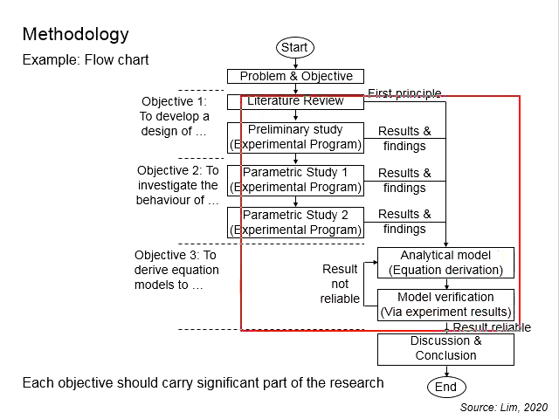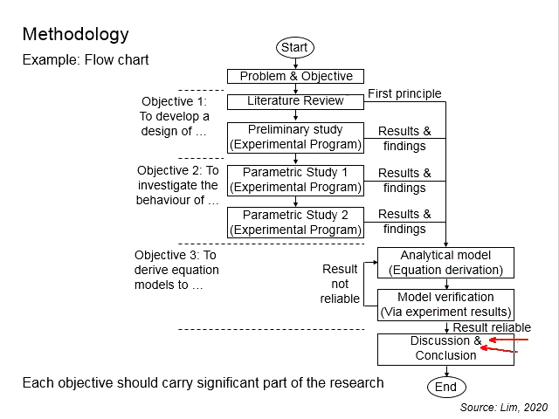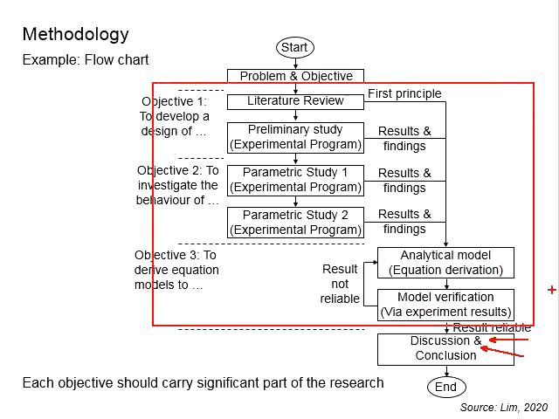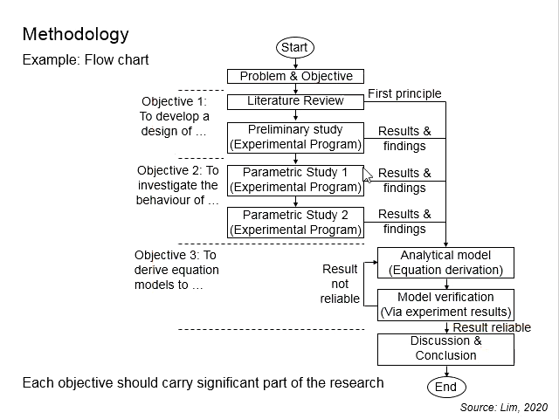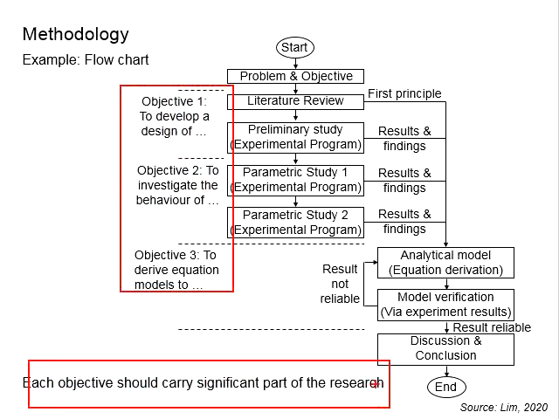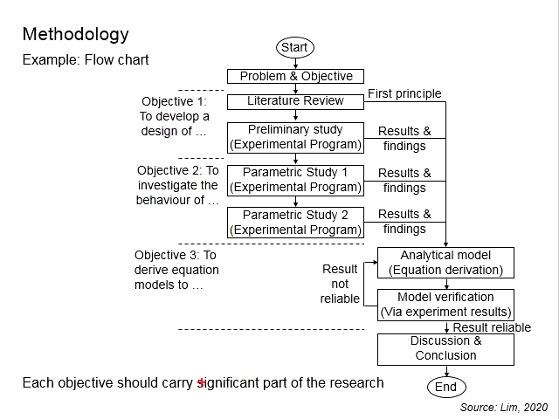Once you have completed all this, there will be discussions and conclusions based on all the work that you have done throughout your research. What you see here is that each objective should carry a significant part of the research. The meaning of a significant part of the research is defined by two definitions.